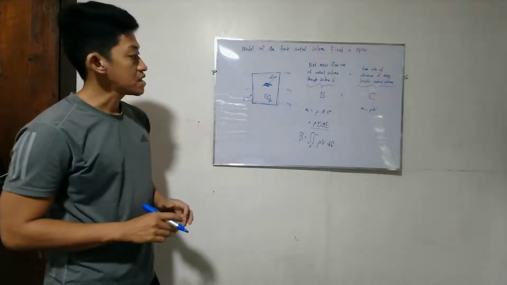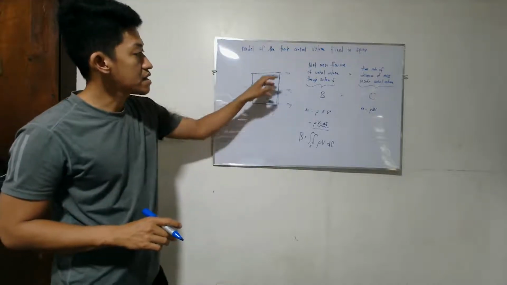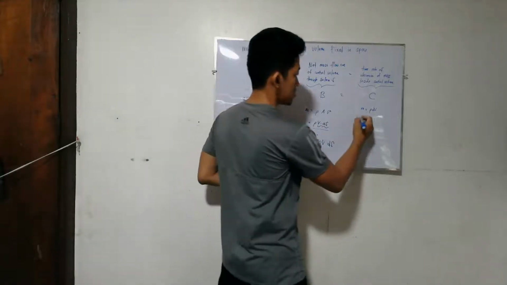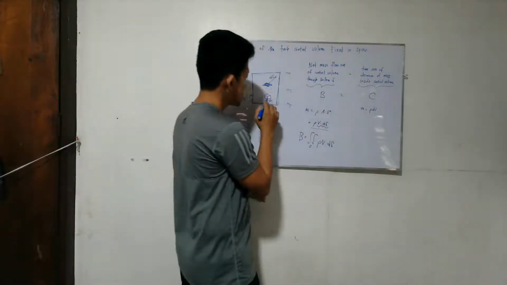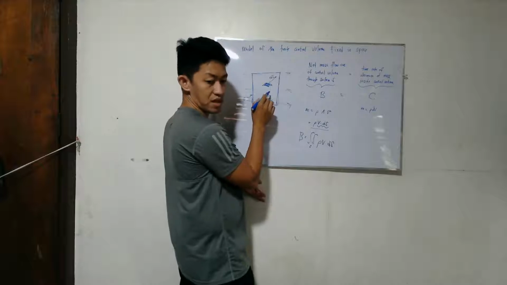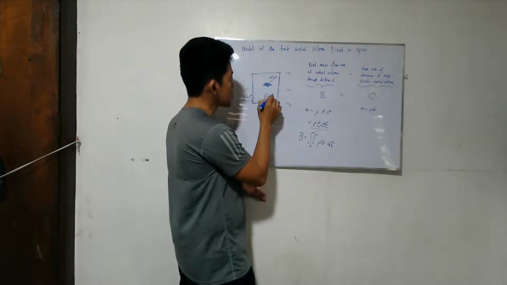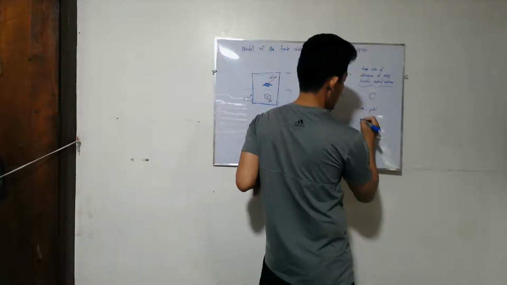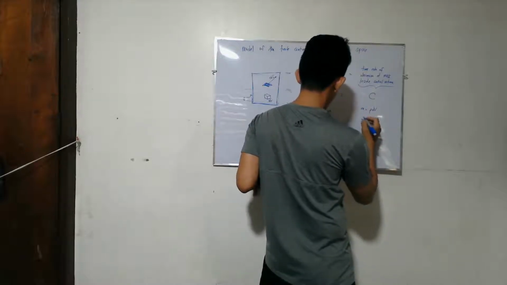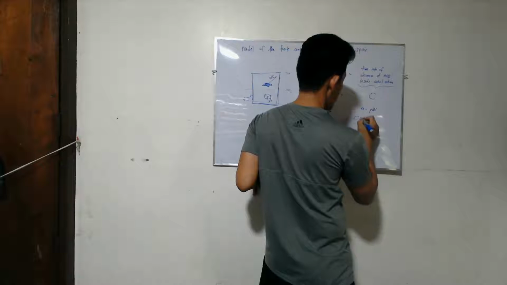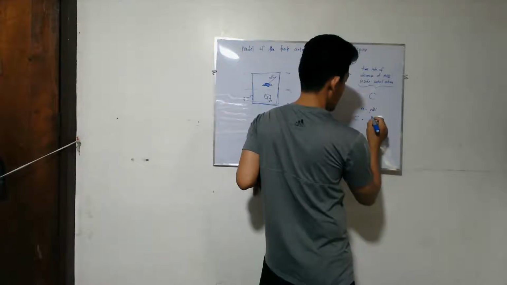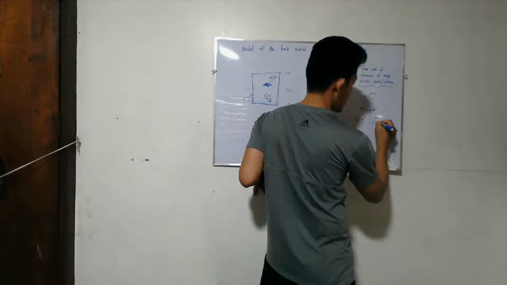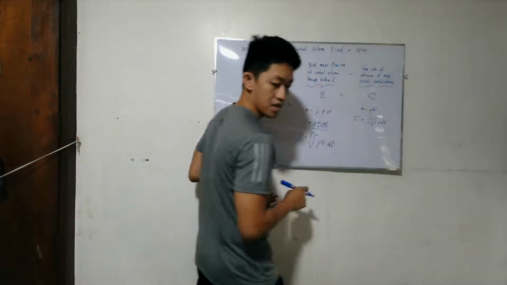Again, if you want to get the total mass of the control volume, you sum all the small control volumes. Therefore C is just the volume integral of rho dV.